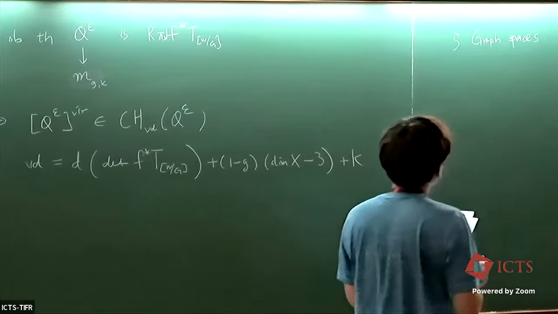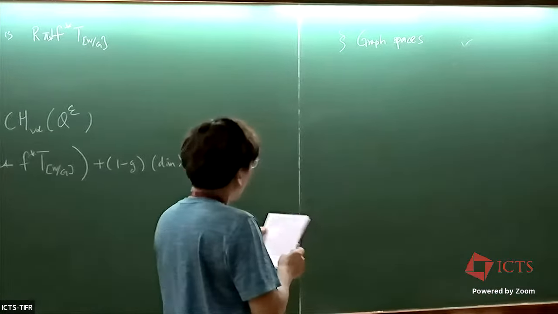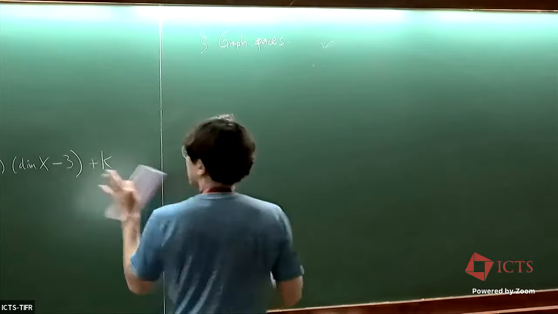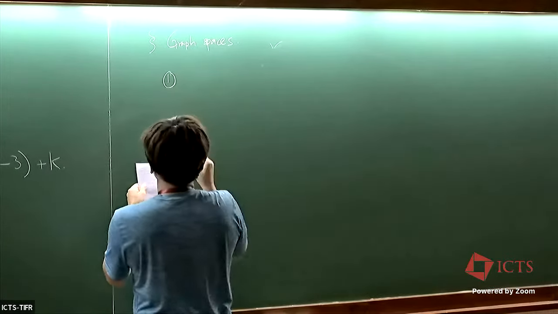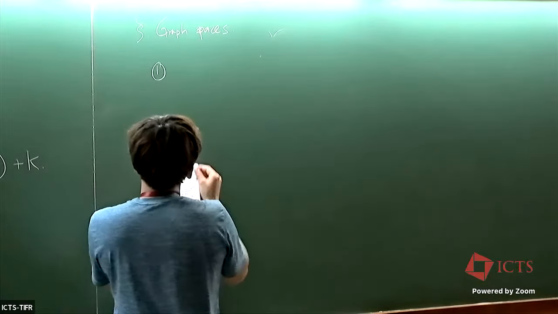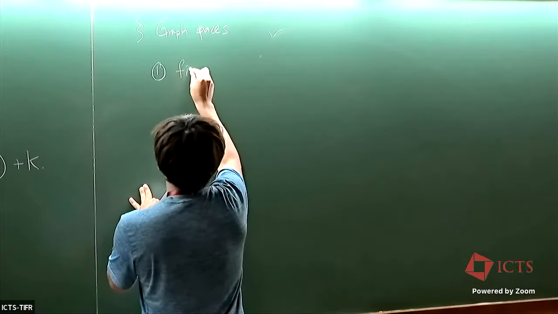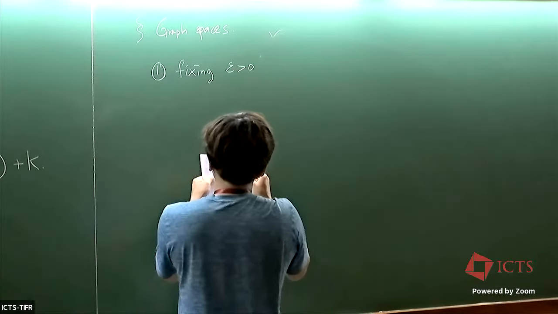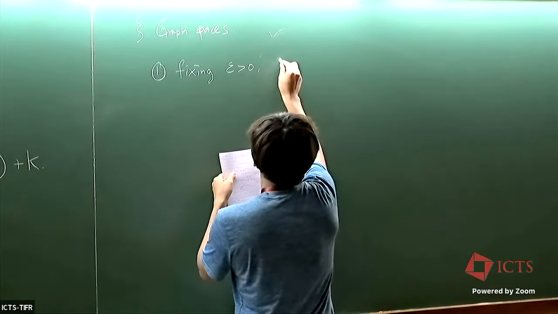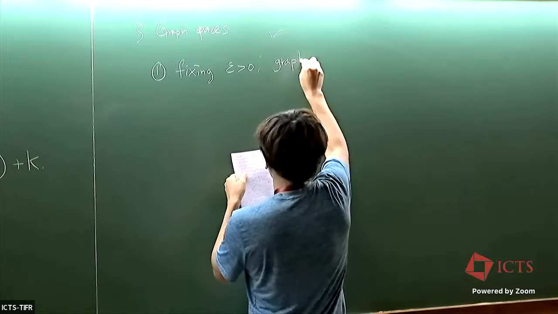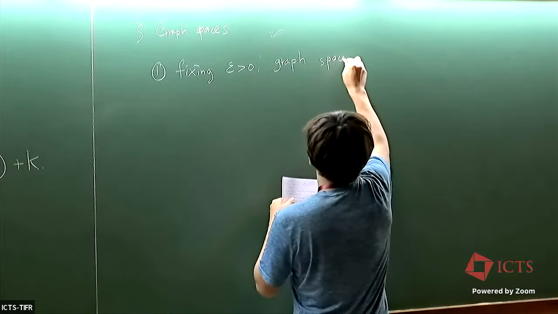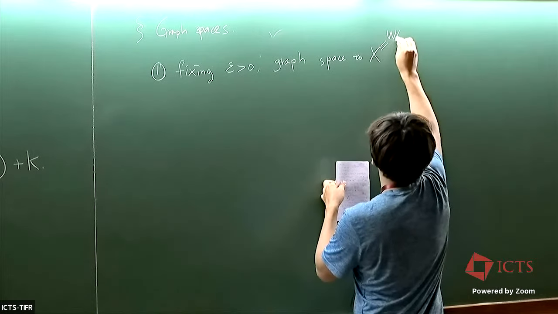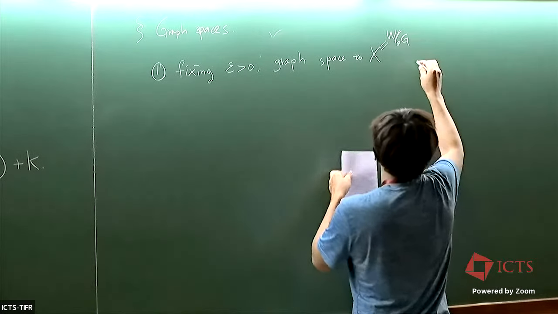To define the I function and J function, we need some variation of this space. This is called the graph space. First, let's fix epsilon as before. A graph space is something for which we now have this GIT description.